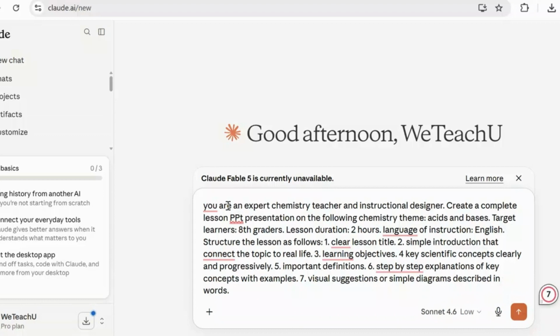Number 8, I need common student mistakes and how to avoid them. Here you see how comprehensive my prompt is. So the more detailed your prompt, the better lesson content you will get.